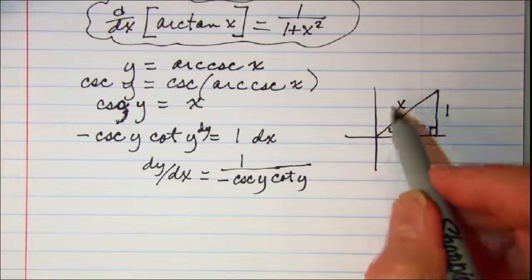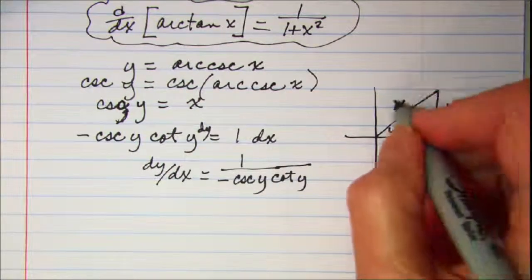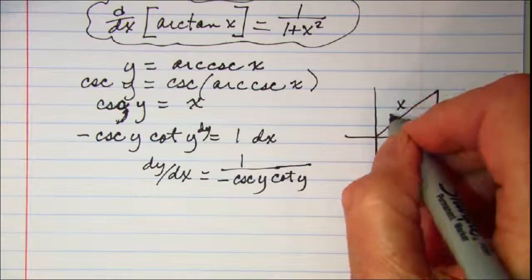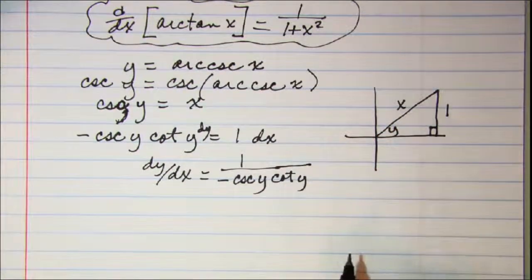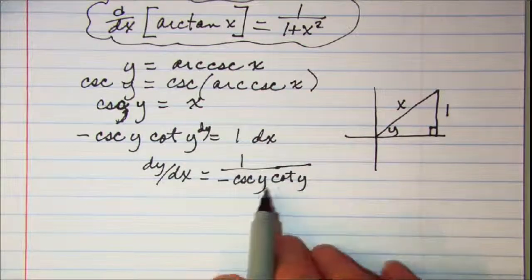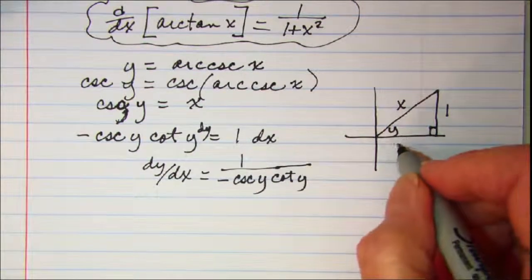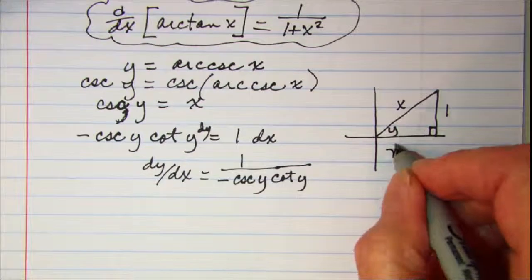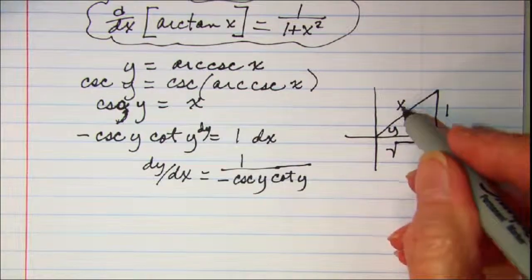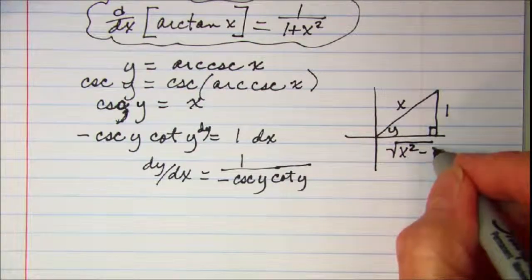And one thing I might want to point out is that this needs to be a positive number, so we're going to be putting an absolute value around that x. So to get our expression for this denominator, I'm going to have to find this side here. So it's going to be the square root of the hypotenuse squared minus 1 squared.